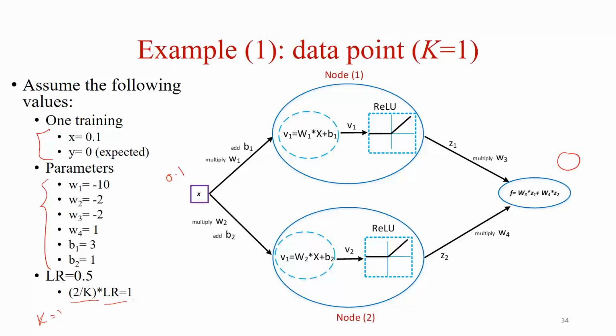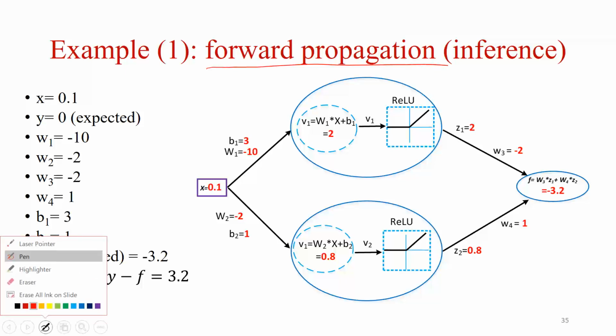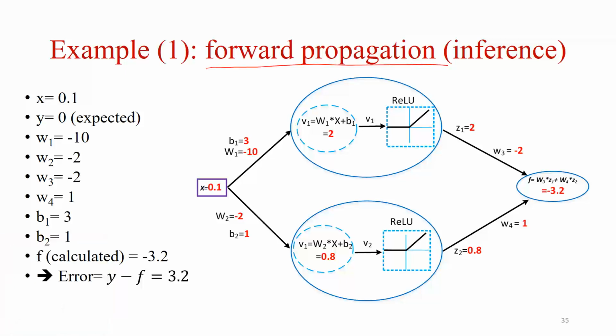So now let's do the inference, which is the forward pass. We've done it in the previous lecture. Here's your input, you multiply it by the weight, you add the bias, and you get the variable V1, which equals 2. You apply V1 into ReLU, you get Z1 equals 2.